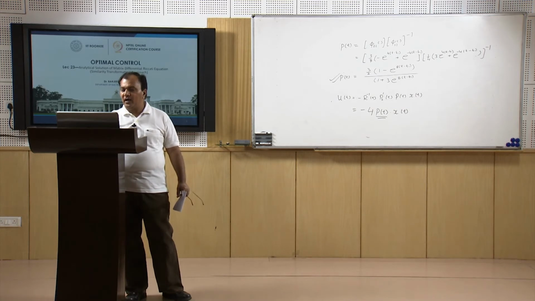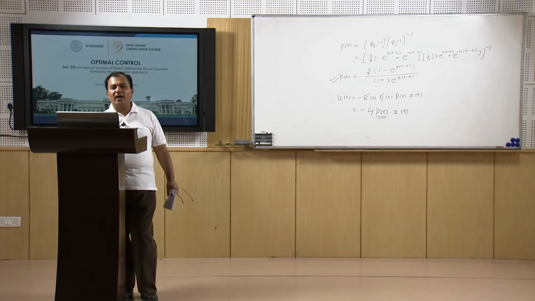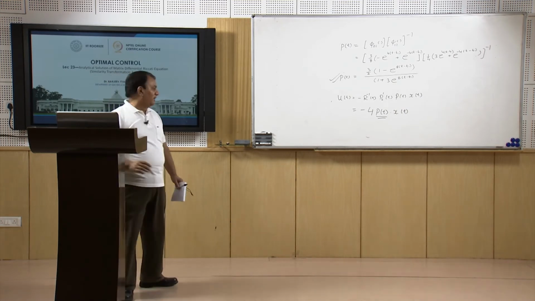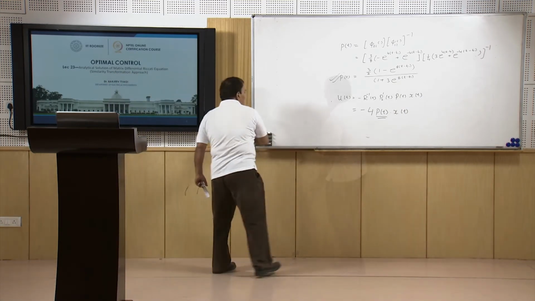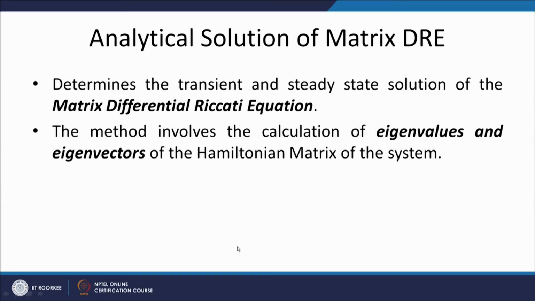Next we will discuss another approach, which is based on eigenvalue and eigenvector analysis. This approach for the analytical solution of the matrix DRE is based on eigenvalues and eigenvectors.